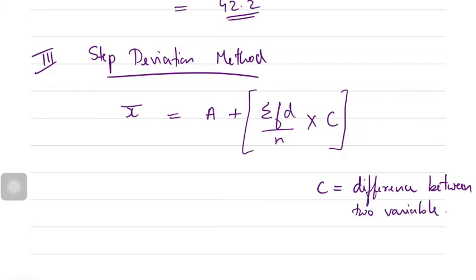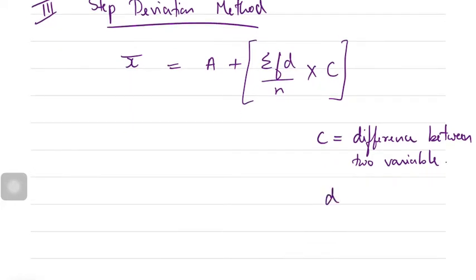You can use this method only if the difference between two variables is the same. In this question, C will be equal to 10, and D is equal to x minus A divided by C. Okay, so let's start.